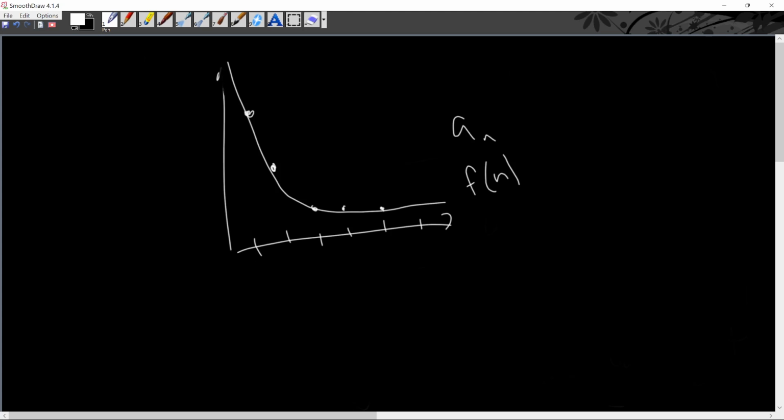I know it's kind of hard to be accurate with this, but let's try and prove the slightly more difficult one first. Let's say that if we have a convergent f of n, we want to have a convergent series of a sub n, right?